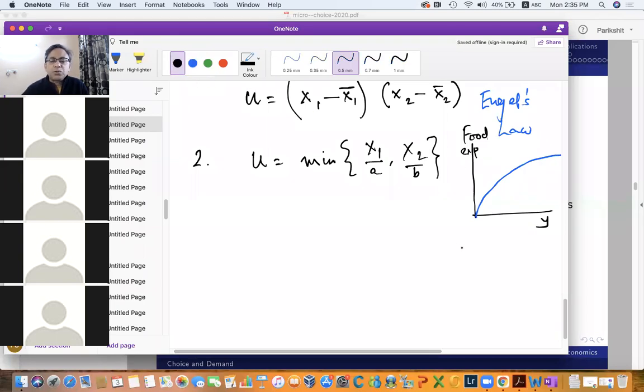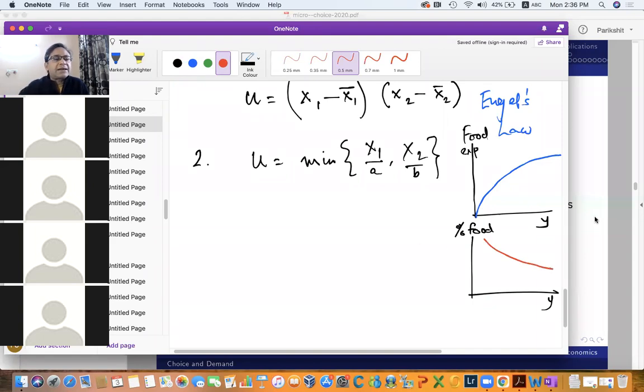Equivalently, if I drew a picture where I took income on the horizontal axis and percentage of budget spent on food, that's going to be a downward sloping graph instead of a flat line.